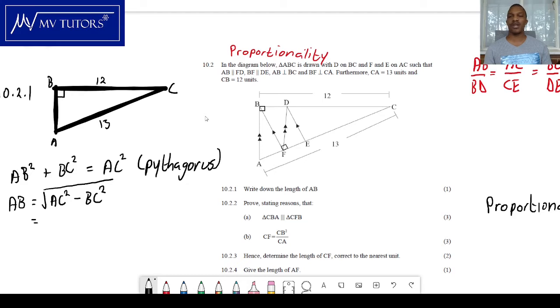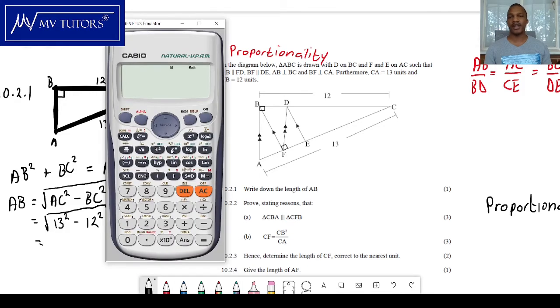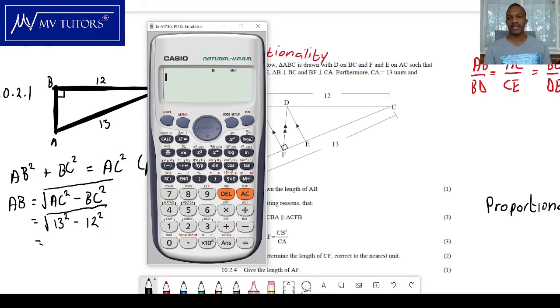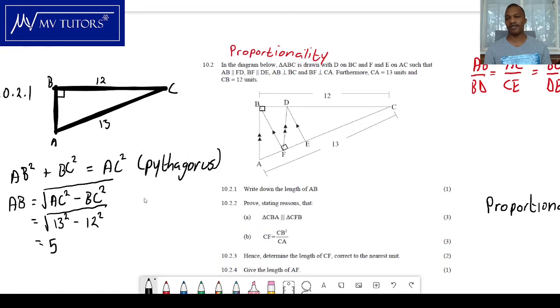I'm sure by now that you're in matric, you've used this so many times. AC is 13 squared minus BC is 12 squared. Okay, so we put this in a calculator. I'm not sure if I should bring in my own calculator or just do it in my head, but let me bring in my own calculator. So square root of 13 squared minus 12 squared. The answer is 5 units.